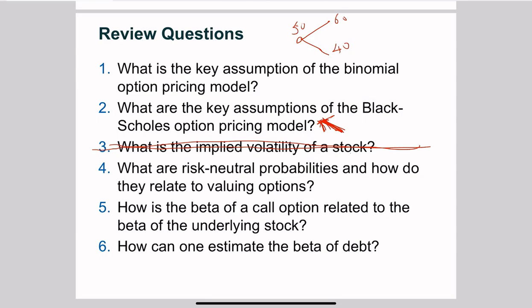How is the beta of the call option related to the beta of the underlying stock? Well, the key here is you want to consider this call option as a portfolio, right?